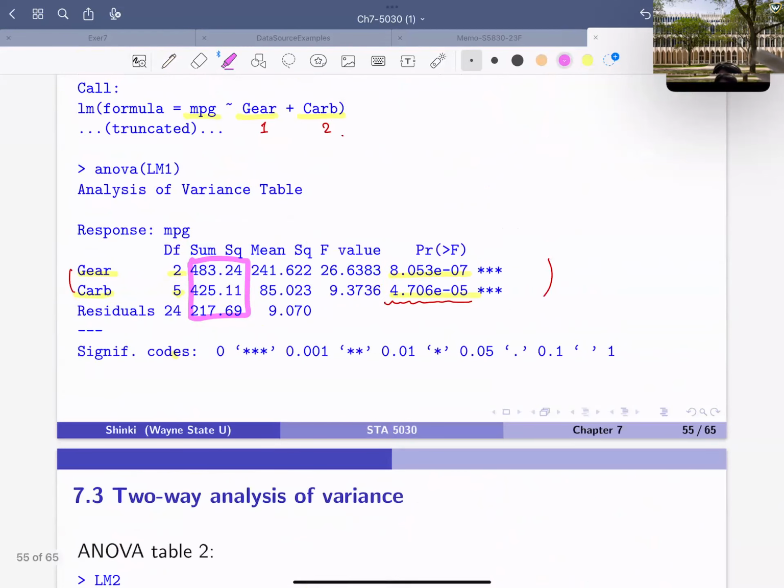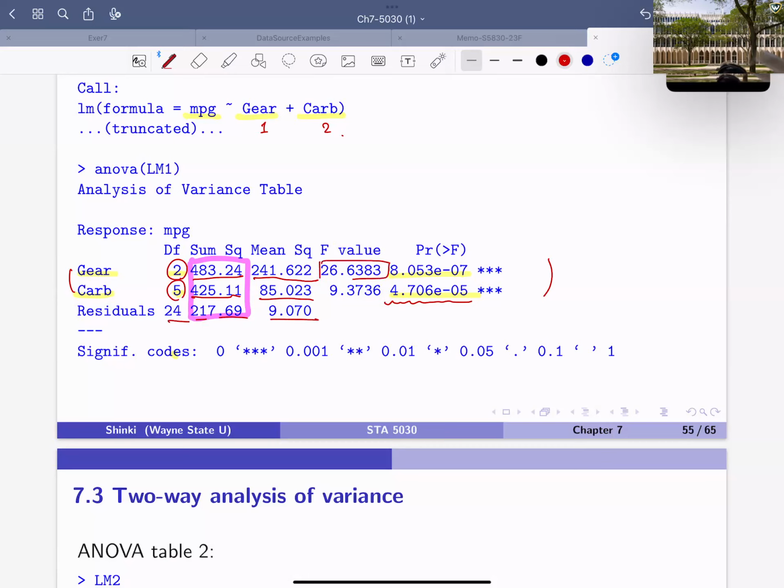Yeah, and actually this works in the same way. So we have the degrees of freedom here. If we divide this number by the degrees of freedom, we get the mean squared deviation, and also for the carburetor, 425 divided by 5 is 85. And the last one is the same thing.